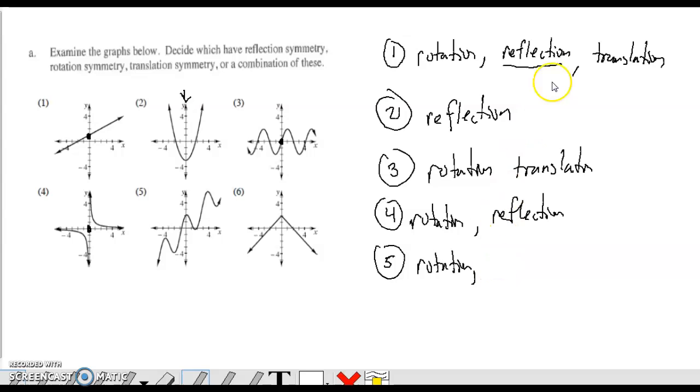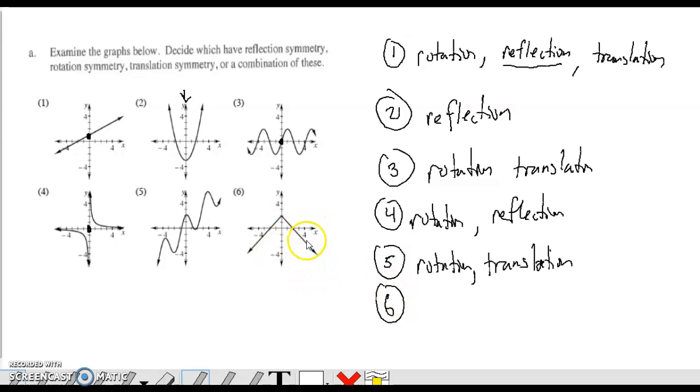It does not, unfortunately, have reflection symmetry, so there's no way I can reflect it up and over or down and over an x-axis, y-axis, or a random point. So it does not have reflection symmetry, but this does have translation. So I should be able to copy this and then move it up and then over, and it will land perfectly onto itself.